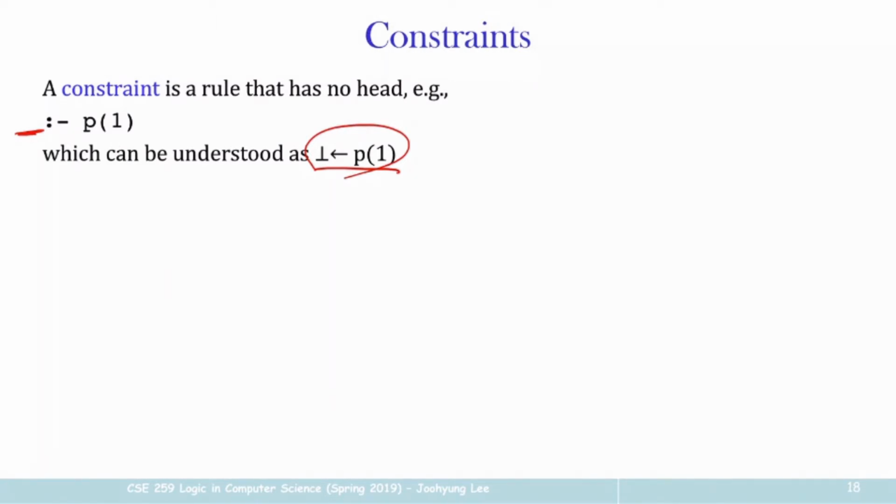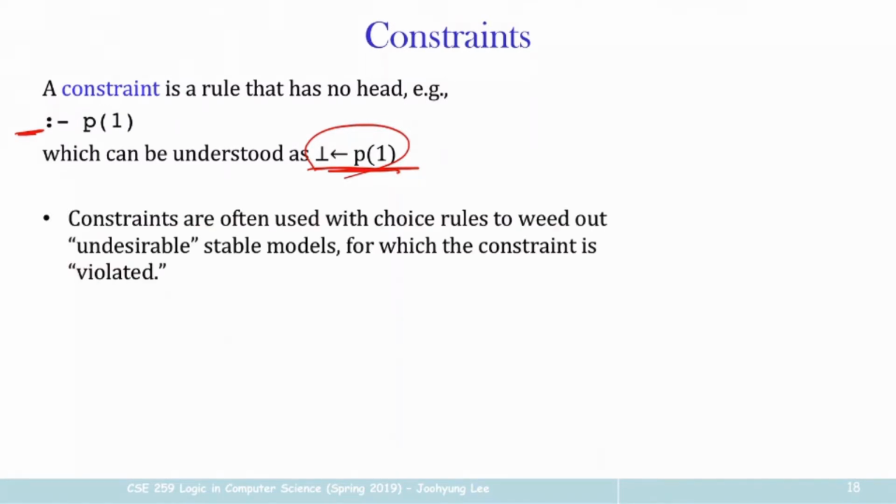In other words, in order not to derive this contradiction, you should not include P of 1. That's what this rule is about. So constraints are used with choice rules to weed out undesirable stable models for which the constraint is violated. The stable model that contains P of 1 is violating the constraint, so that should be weeded out.